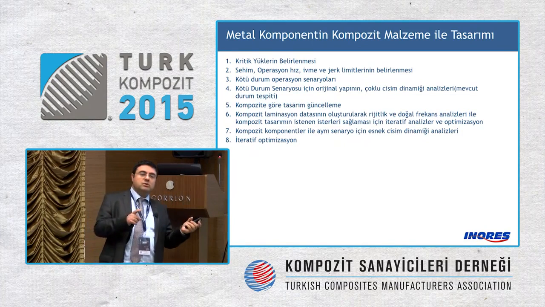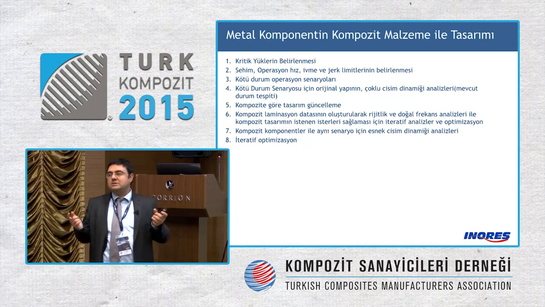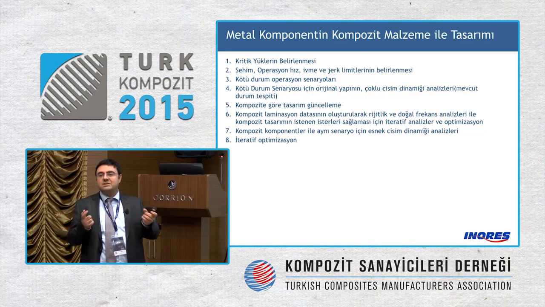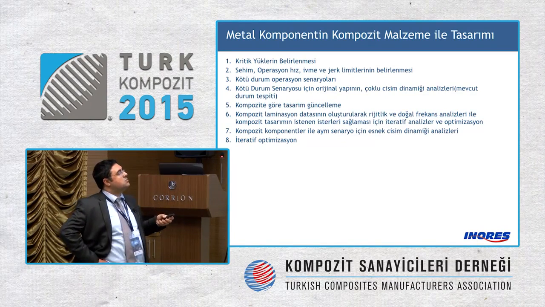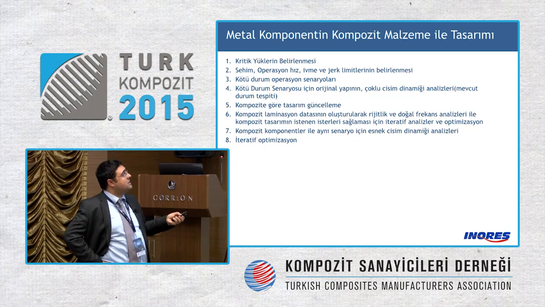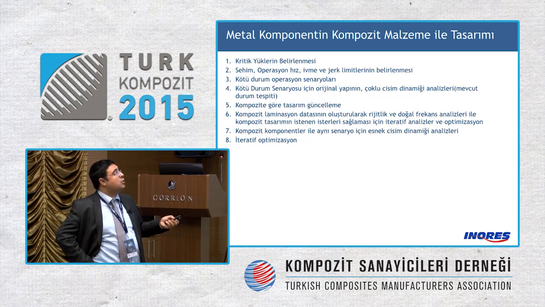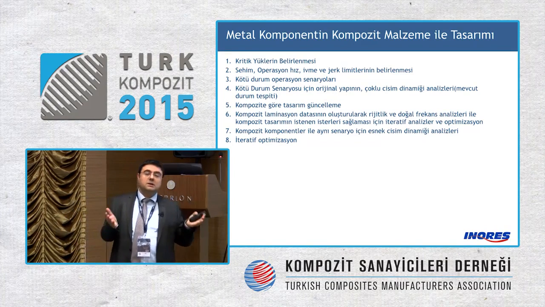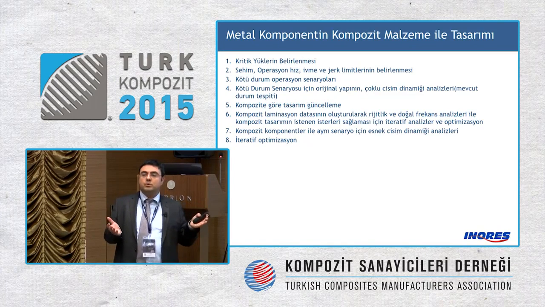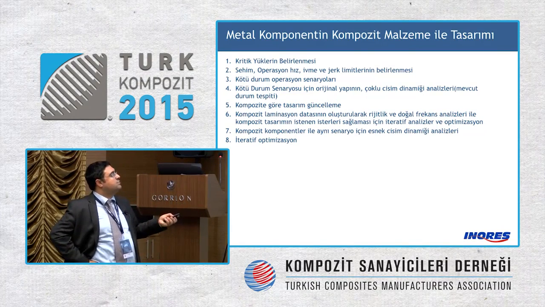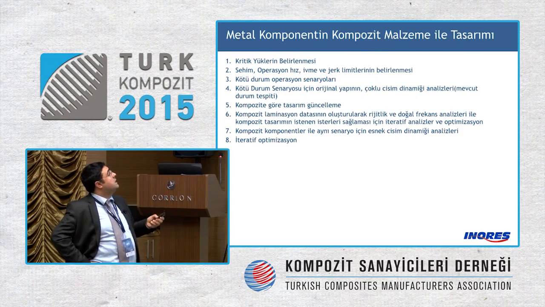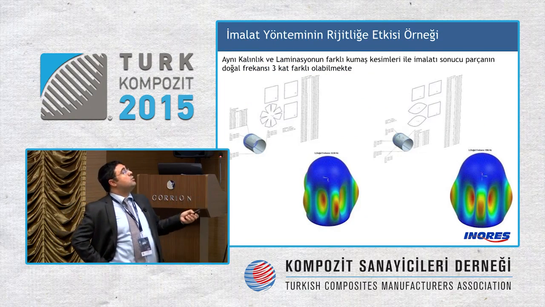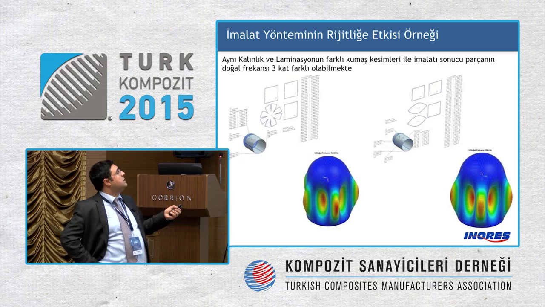By doing that, iterative analysis and optimization can be checked. Similarly, steel and composite: we have to put them in the same simulation environment, and iterative checks have to be done.